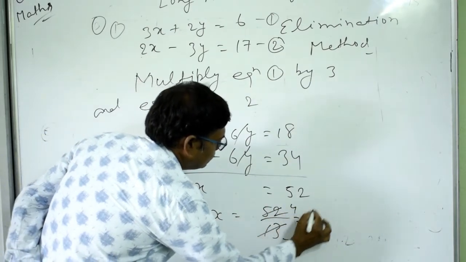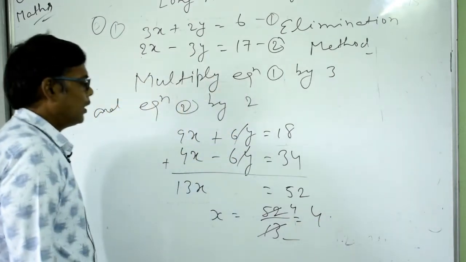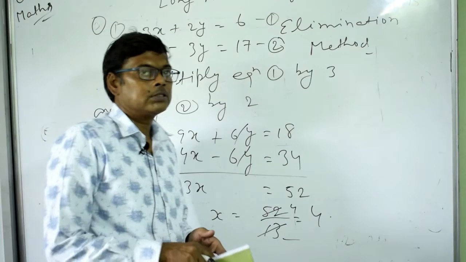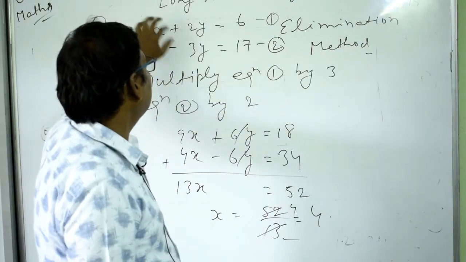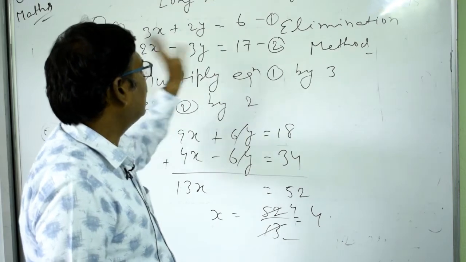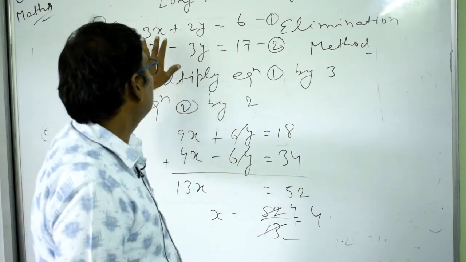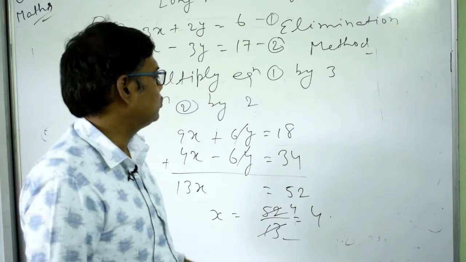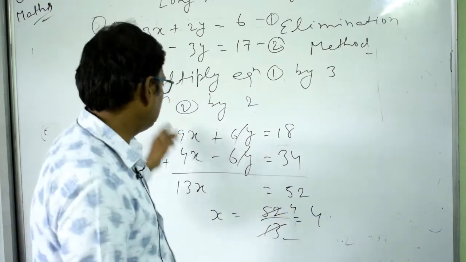That is 4. So we have got the value of x equal to 4, and you must remember that when we multiply these equations by any number on both sides, the equation remains the same. Don't think that these are new equations.